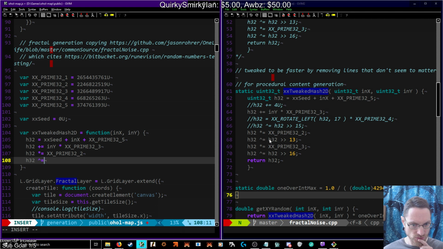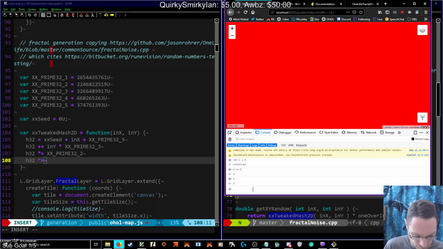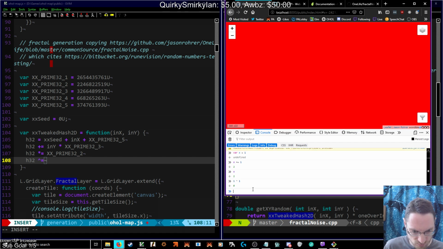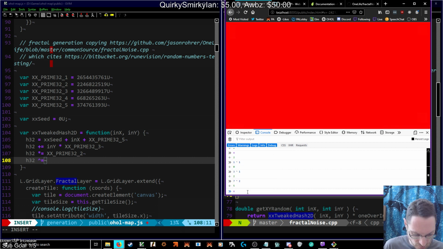Because I'm pretty sure that's an XOR in C. Okay. So as long as we have, see, x is 2.